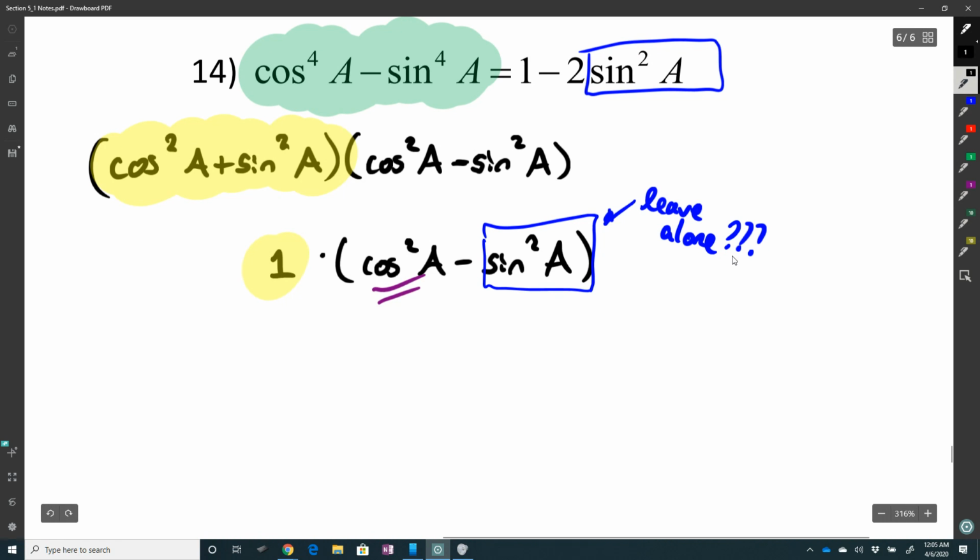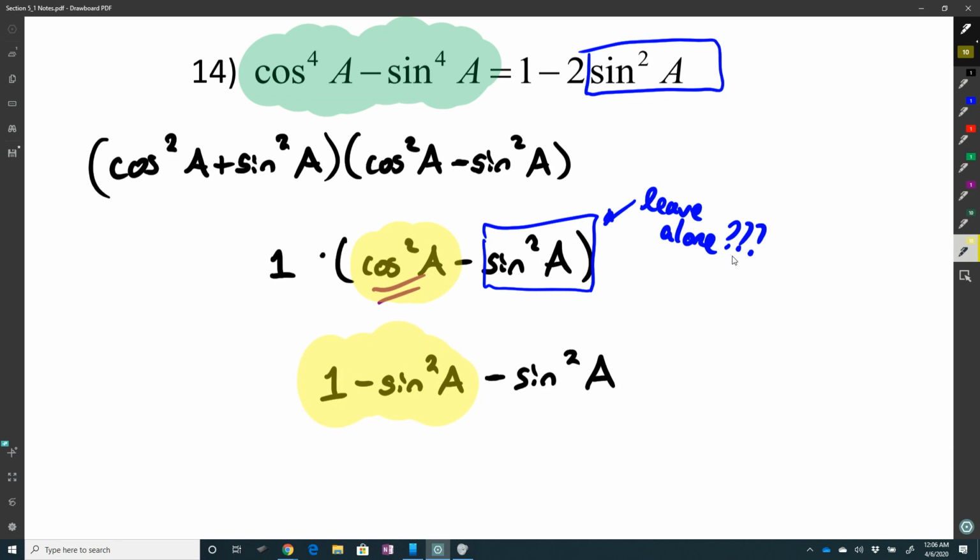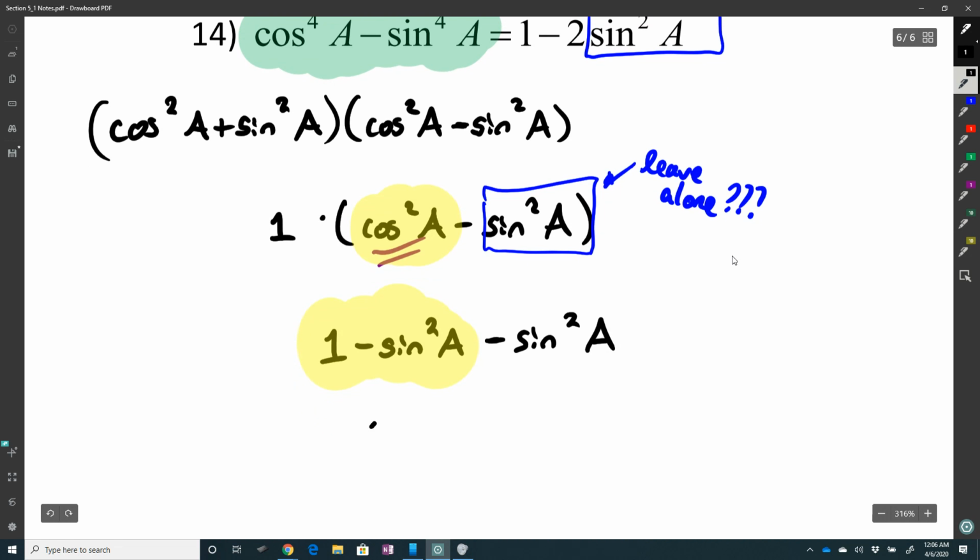Really, the only thing I can think of is cosine squared becomes 1 minus sine squared. So I'm doing another trig substitution. Cosine squared is the same thing as 1 minus sine squared, and notice that's where you get the 2 from. I have 1 minus sine squared minus sine squared, so 1 minus 2 sine squared.